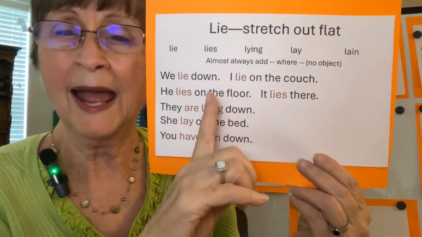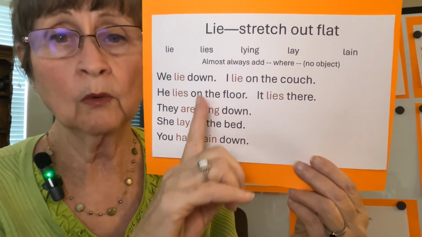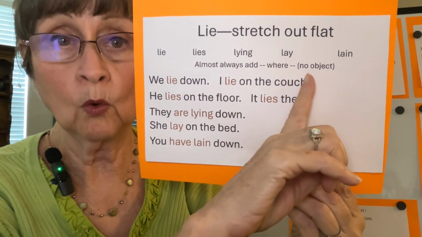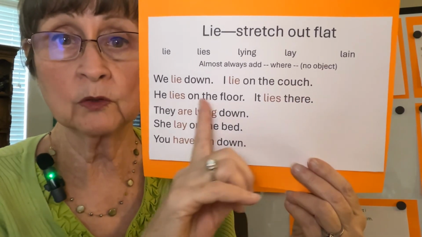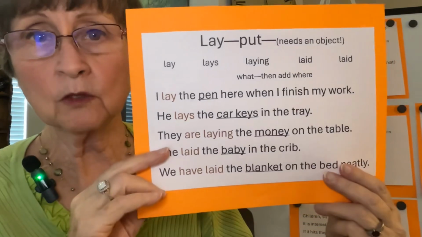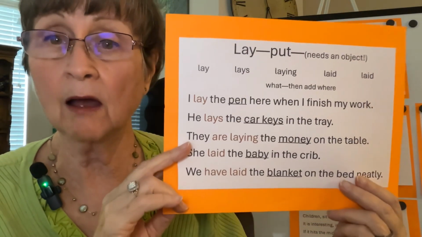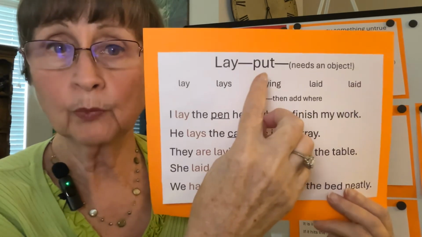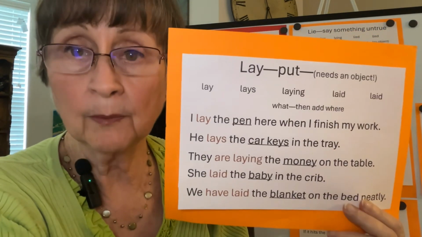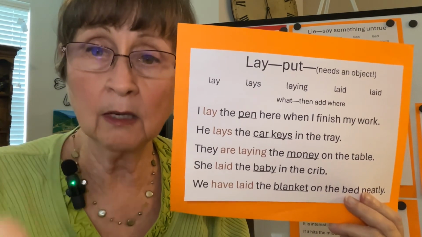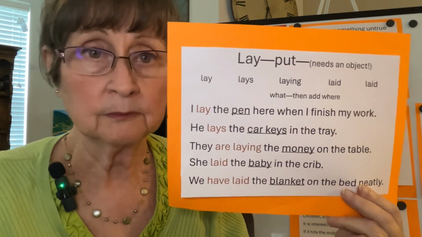And although we don't have to, we almost always say where. But there is no direct object with this verb. Now let's look at the next one. This is the one that has to have an object, and it usually means the same thing as put. You put something somewhere. We put the pen on the box.